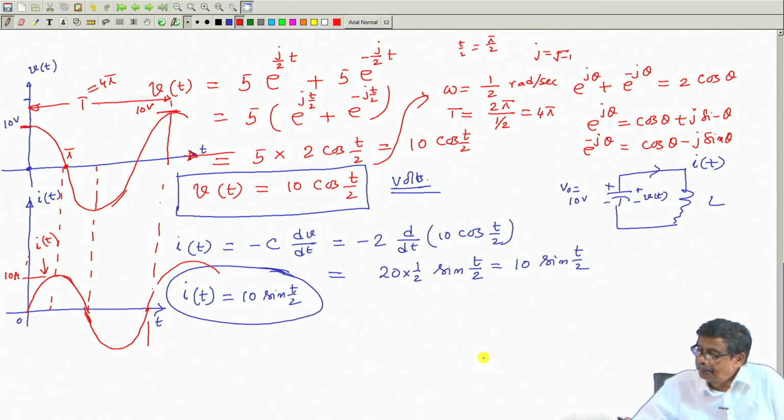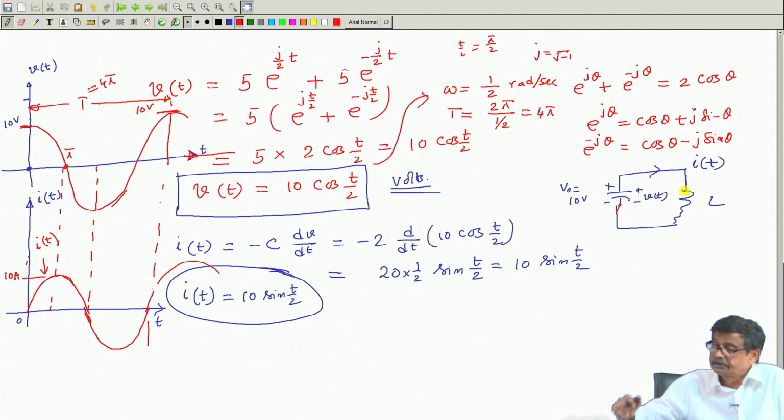Therefore, a capacitor and inductor, which are ideal in nature, no resistance involved: if you charge the capacitor from some other circuit to 10 volt and then switch on to an inductor which had no initial current, then the voltage across the inductor or across the capacitor and the current in the circuit will be oscillating, changing with time indefinitely.